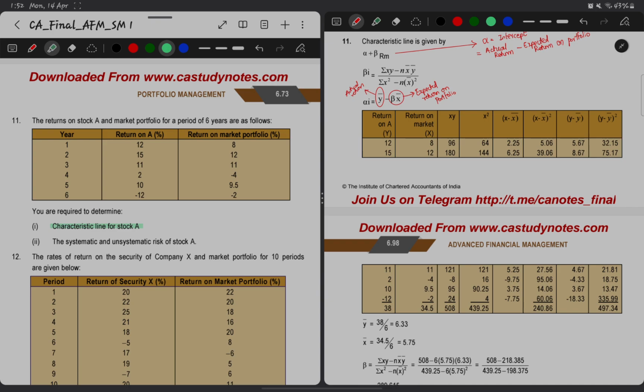For that we have the return on A and market portfolio. As we said, beta is the sensitivity towards the market return. So both returns are plotted, and for the regression formula, the summation of xy is required. The xy summation is 508, then minus n times the expected return of x and expected return of y.